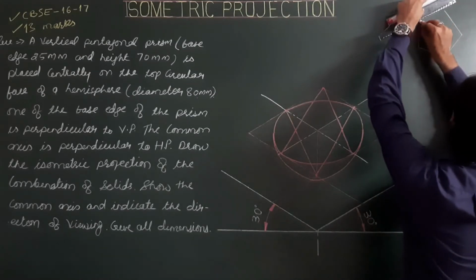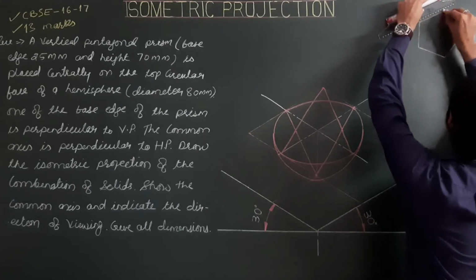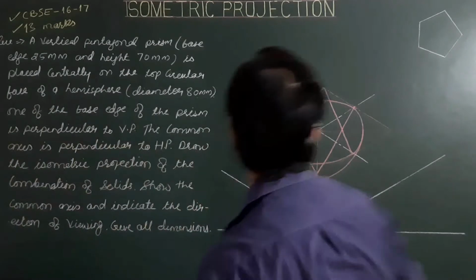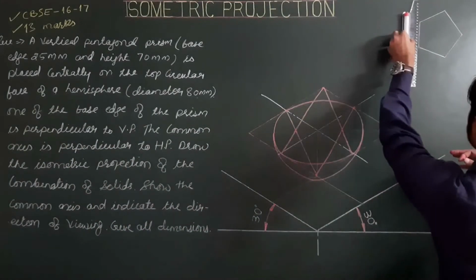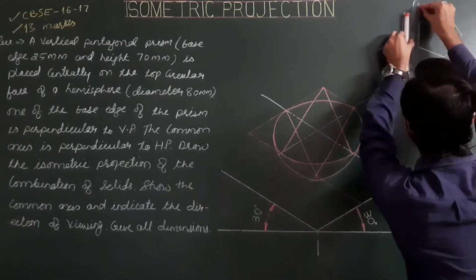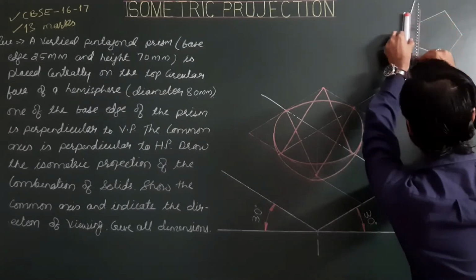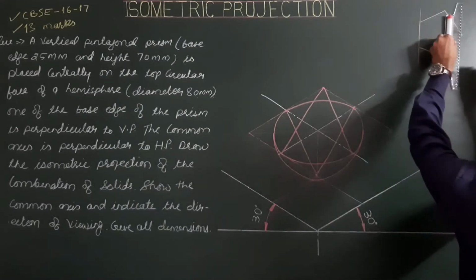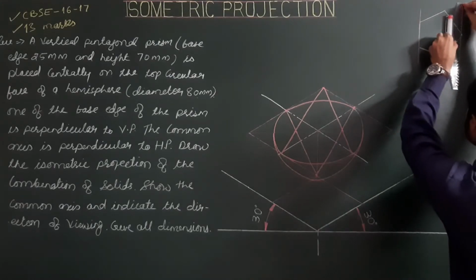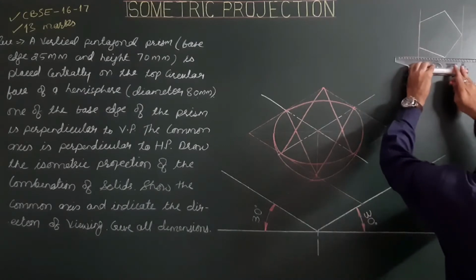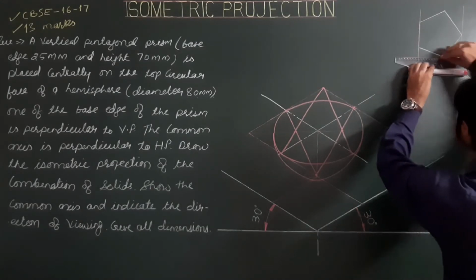Then enclosing this pentagon inside a rectangular box by drawing lines parallel to and perpendicular to the first base side. Say this is the first or reference base side, drawing lines parallel and perpendicular to the first base side from all 5 corners.